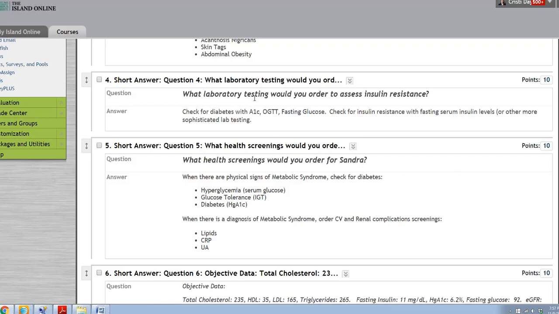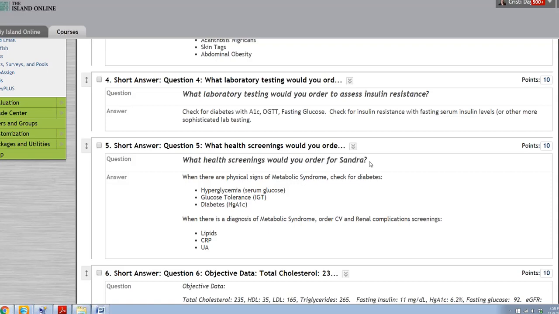So what laboratory test would you order to assess insulin resistance? We're not ordering tests to see if she has PCOS or metabolic syndrome. We're looking at what is going to assess insulin resistance. A lot of times when people are insulin resistant, they also have prediabetes. So is her A1C 5.7 to 6.4?